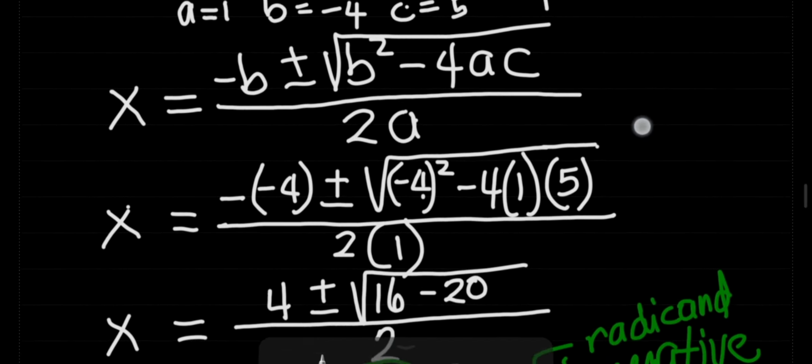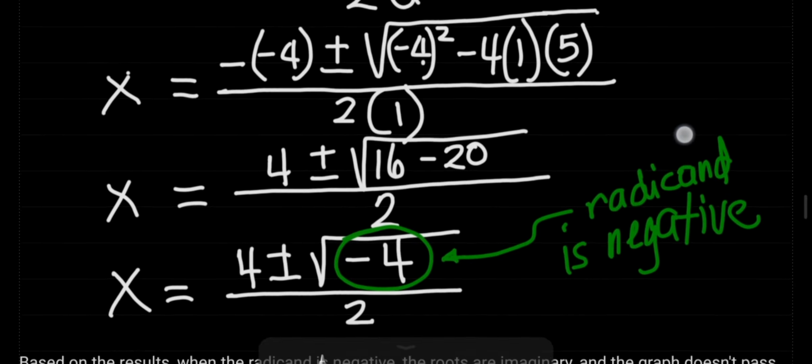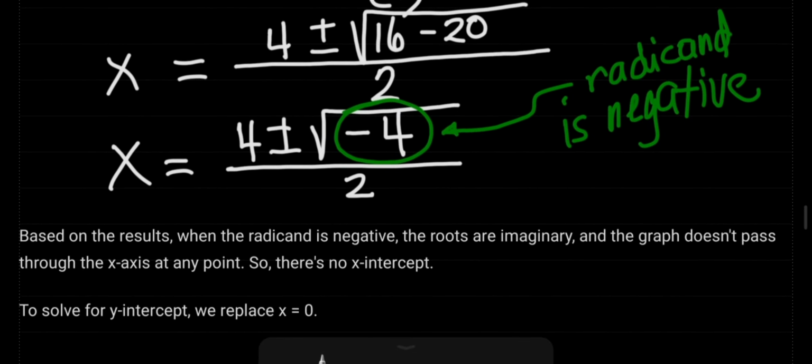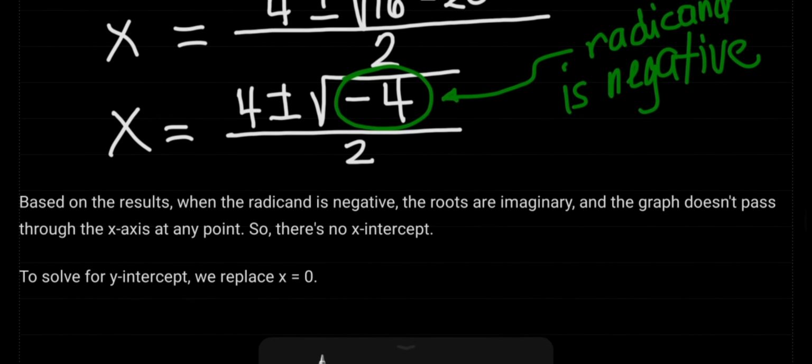Using the quadratic formula, the result of the radicand has a negative sign. So based on the results, when the radicand is negative, the roots are imaginary and the graph doesn't pass through the x-axis at any point. So there's no x-intercept.